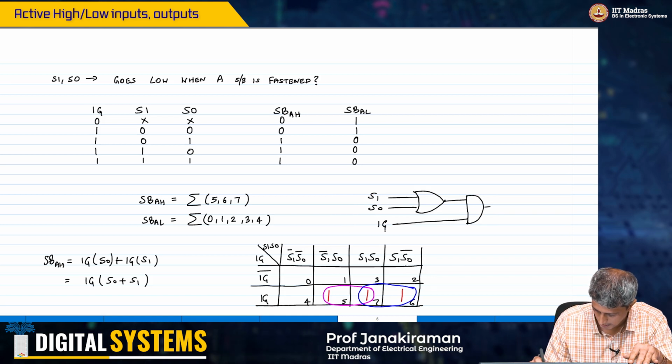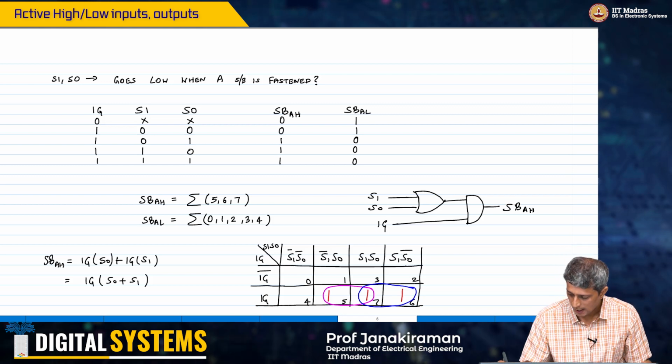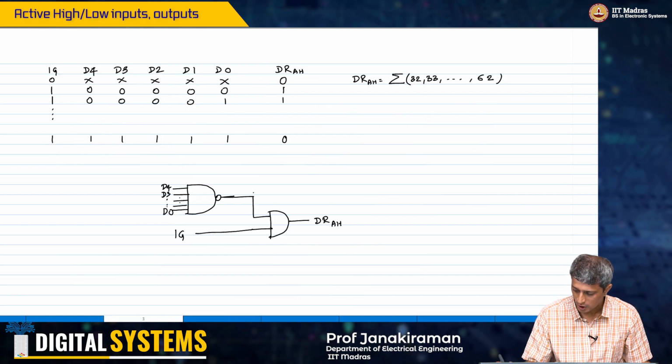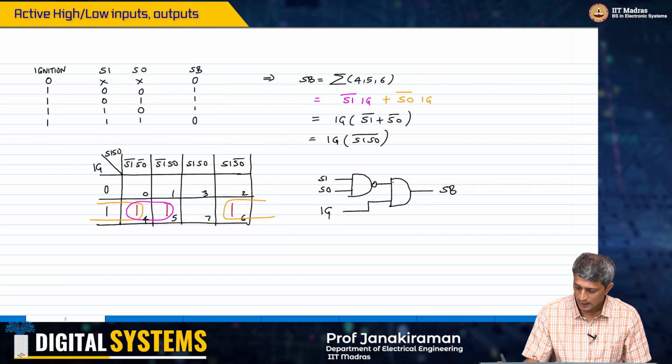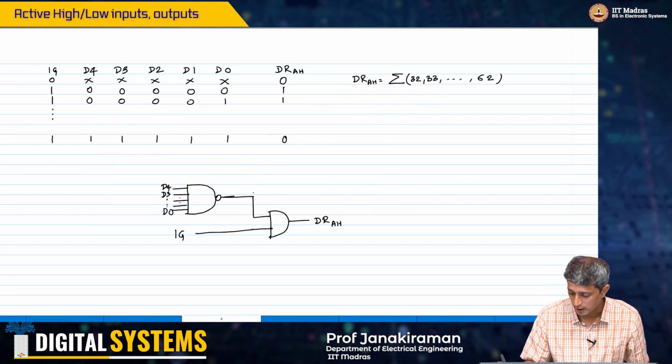So this is my ignition, SB AH, right? And what did we have in the earlier case? Remember, that was not an AND gate. It is a NAND gate that has become an OR gate here.